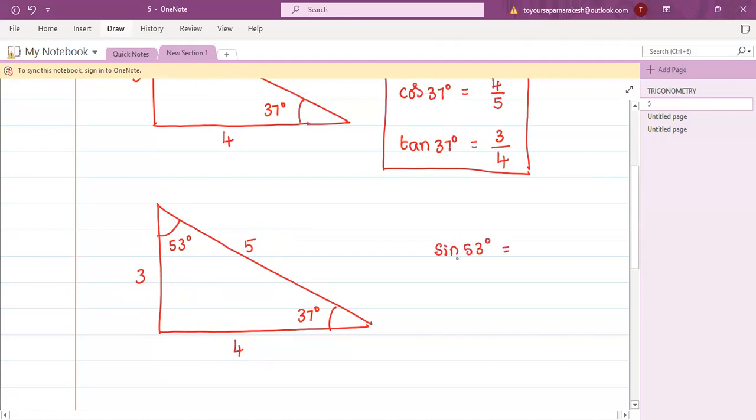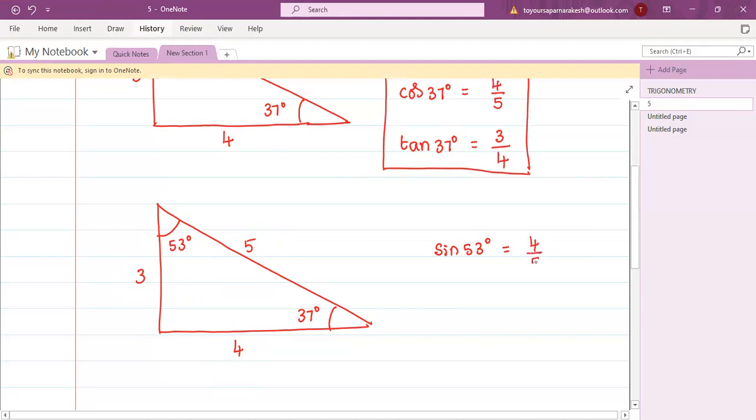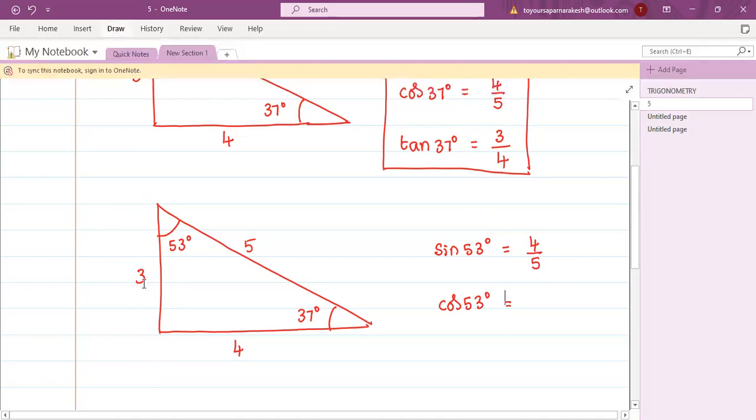The sine function is opposite side 4 upon hypotenuse 5. Then cos 53 degrees: the cos function means adjacent side 3 upon hypotenuse 5.